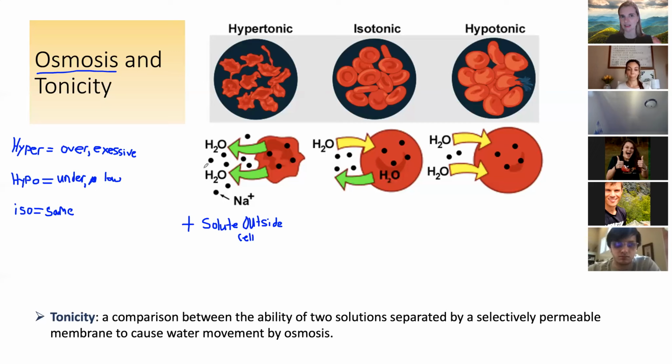So if a cell is in a hypertonic solution, the cell will lose water to that outside environment. The same thing happens when you swim in the ocean, right? So hopefully if you've ever been to the ocean, your parents or guardians told you to hydrate frequently, because what's happening is there is more salt in the ocean than in our body, in our cells.